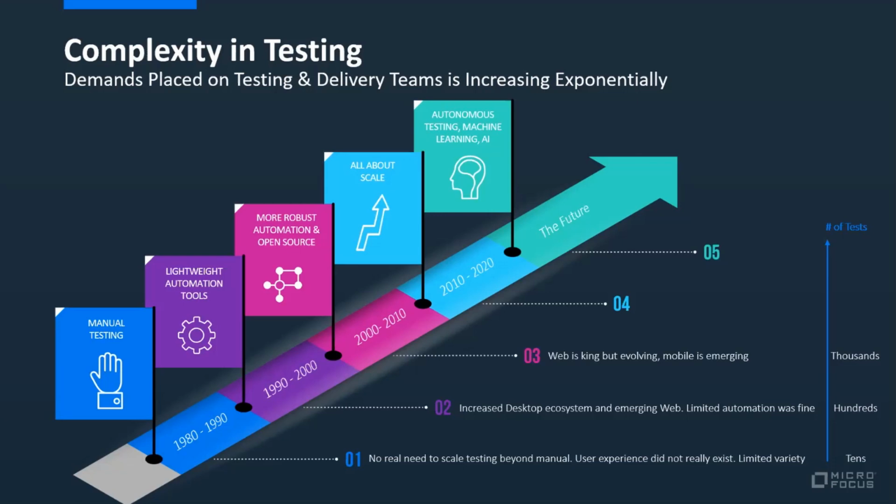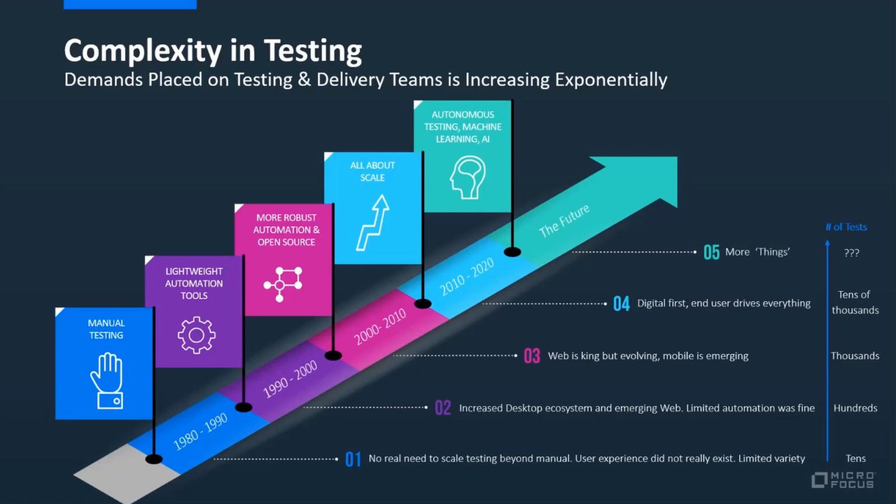In the decade that we've just finished, it's all about scale, right? Digital first, and user drives everything. And the number of tests just increased exponentially. So we've seen tens of thousands of different tests that need to be covered on a daily basis. And I would say, what will be the future? Probably more things, probably more IoT that are becoming smarter and smarter.